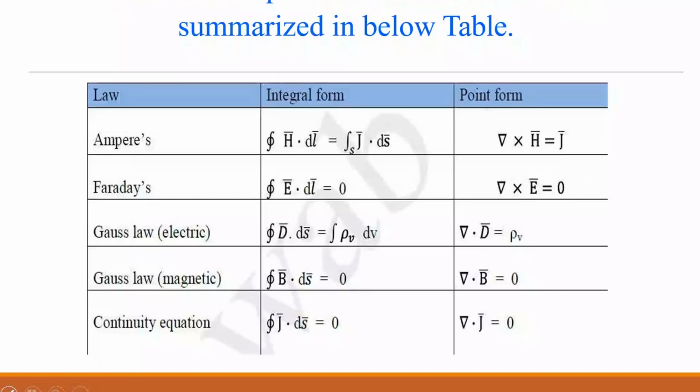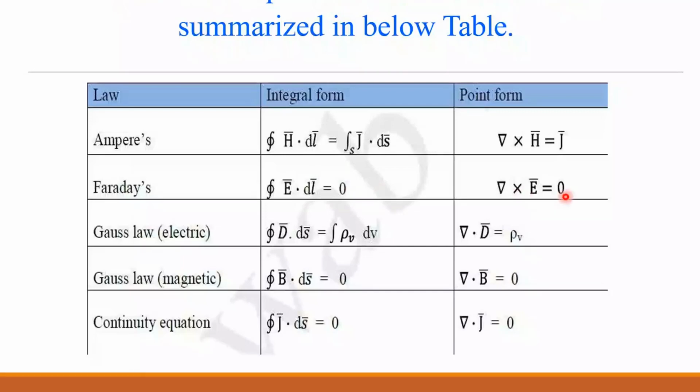Hence the closed circulation of electric field around a closed path is equal to 0. If some time variation is there, then we'll get d phi by dt here. So in time variation, we are going to change this equation for Faraday's law. In point form, the same equation is del cross E bar is equal to 0.